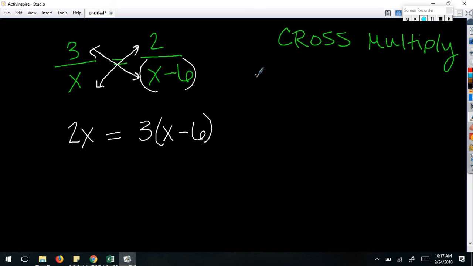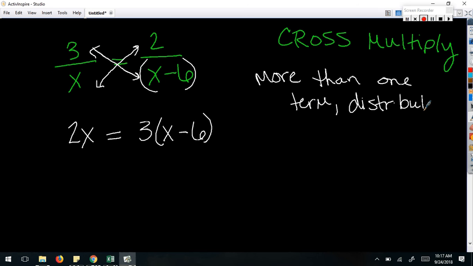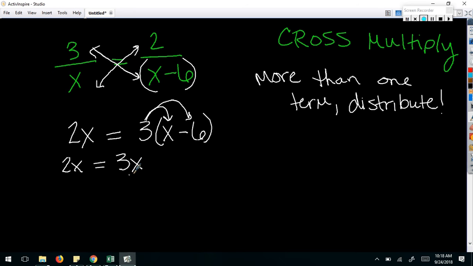So when you have more than one term, we're going to distribute. So let's distribute now, okay? So I have 2x equals 3x. What do you get there? Negative 18.